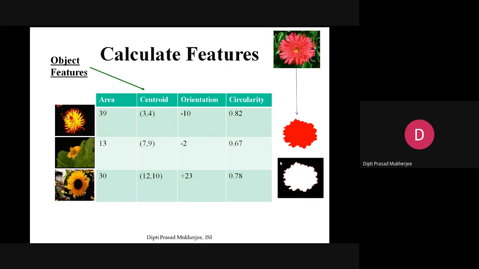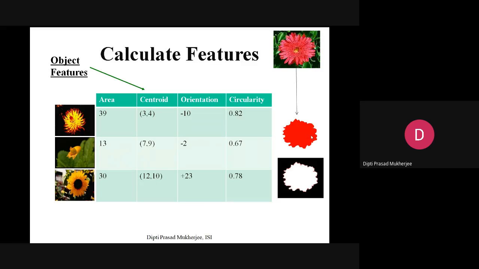Okay, to label the classes, you remember that supervised clustering problem, you now have to put a name. So what you do is you now calculate features of these objects. What features can we calculate? We can calculate area, centroid, orientation, circularity.